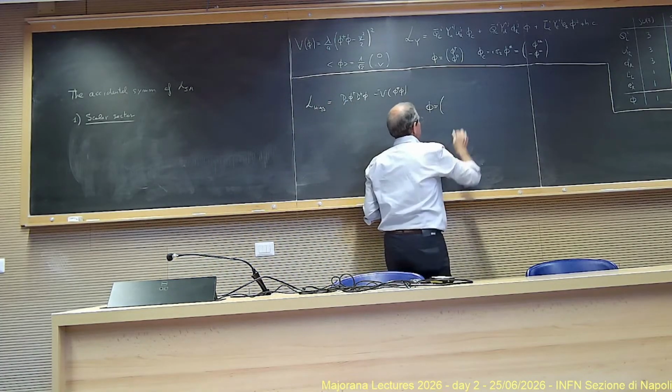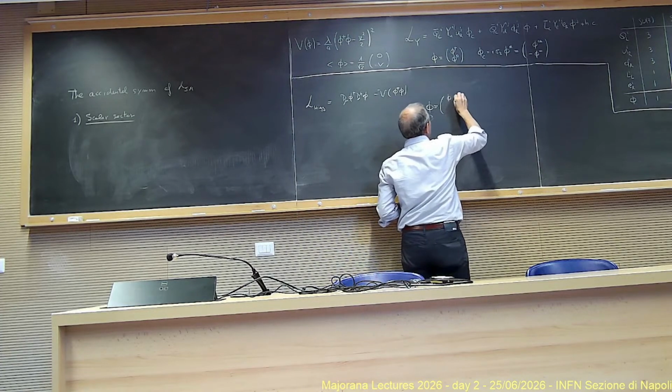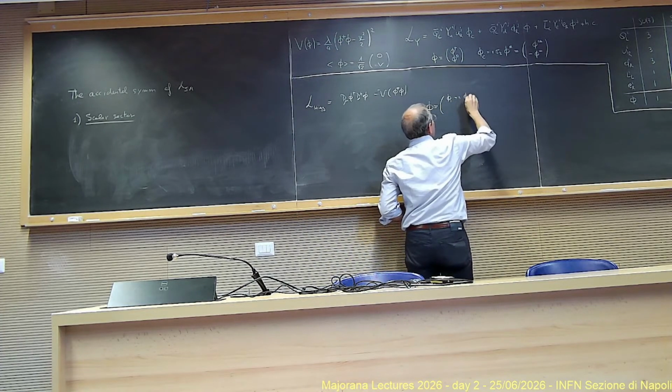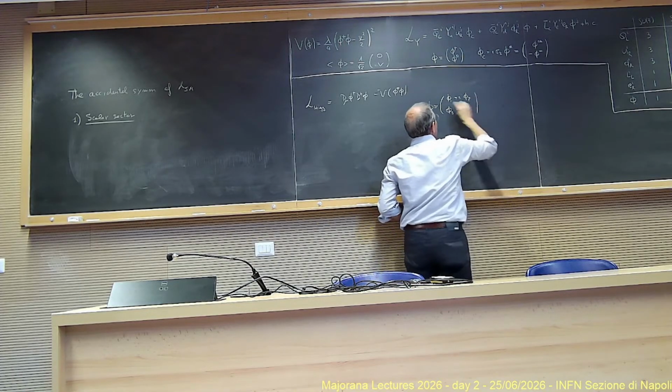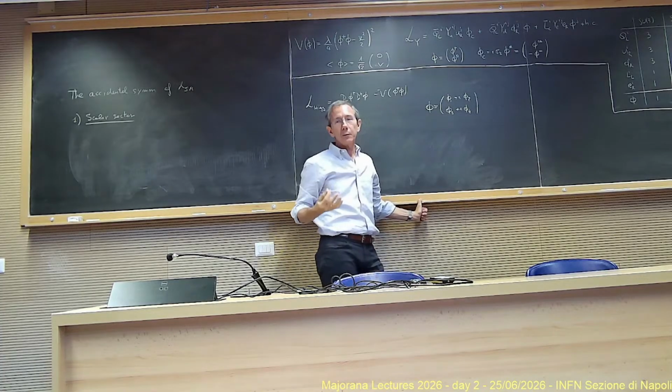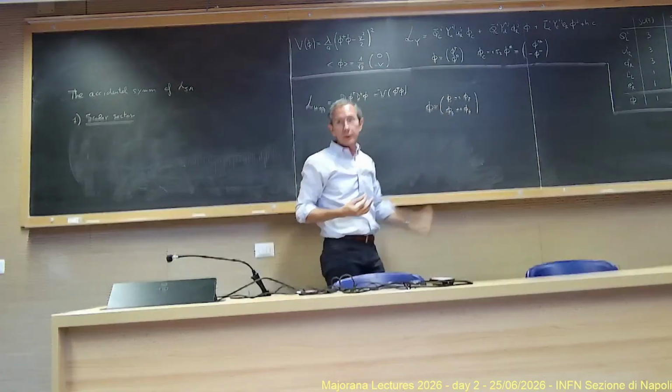On the other hand, if I want to be more geometric, I can write the components as phi 1 plus i phi 2, phi 3 plus i phi 4. Now these are all real, because this is a complex field with two components, so essentially 4 real components.